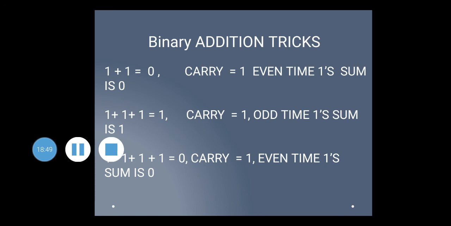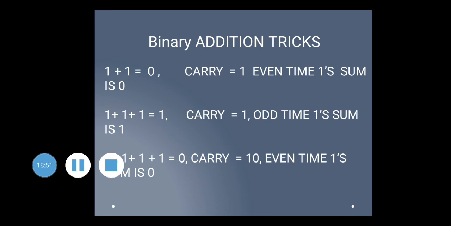So it is not necessary to remember. If 4 times 1 is there, then the sum is 0 and the carry is 10. You don't have to worry about this. Only the upper two tricks you have to remember.